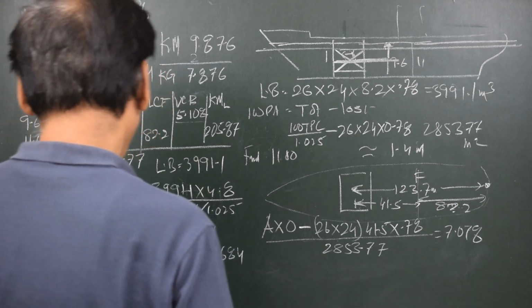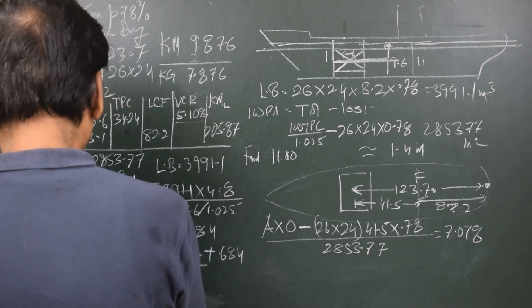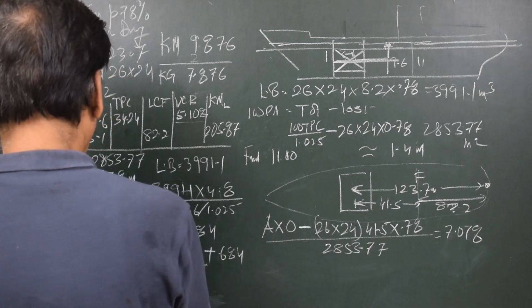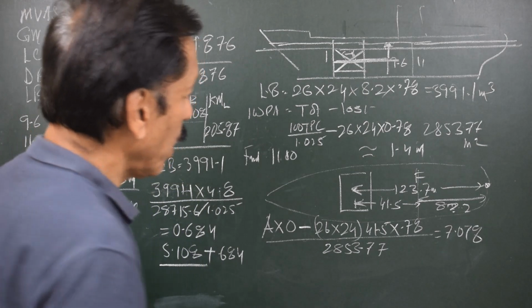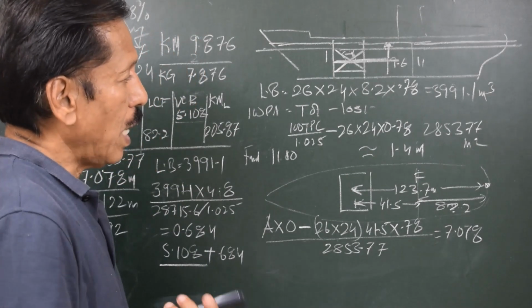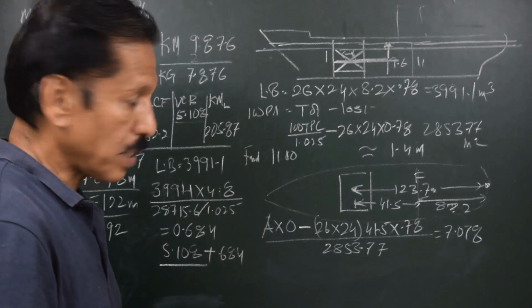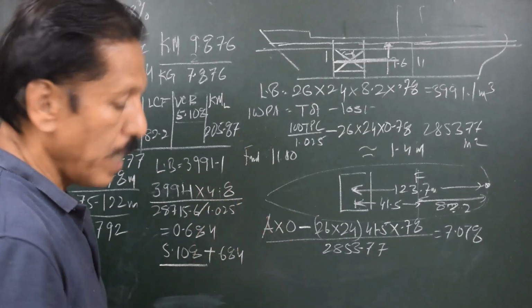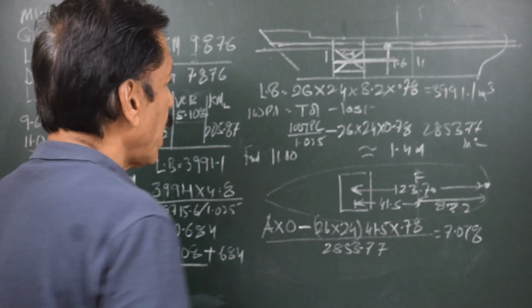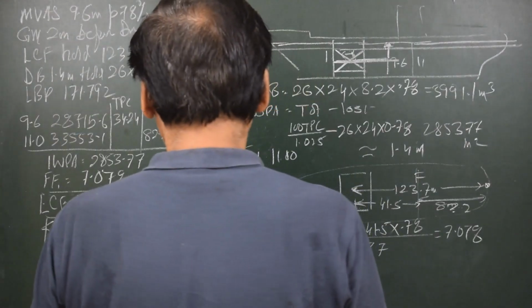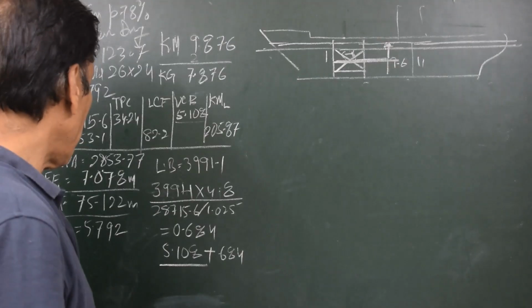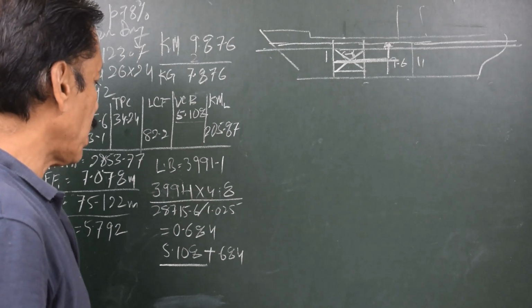That gives me 5.792. That is the new KB. So we have found out the shift of center of buoyancy in upward direction. There is a shift of center of buoyancy in longitudinal direction also, and we are going to find out. So this is the shift of center of buoyancy in upward direction by 0.684 meters.